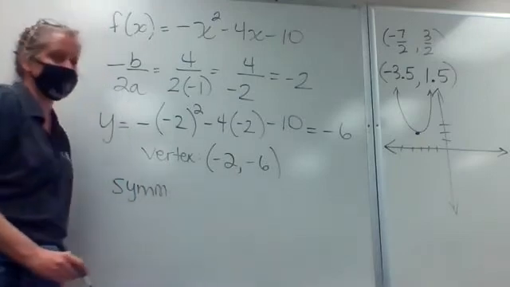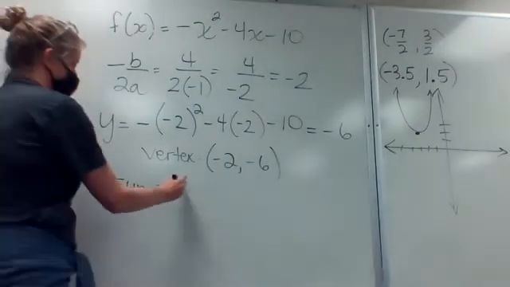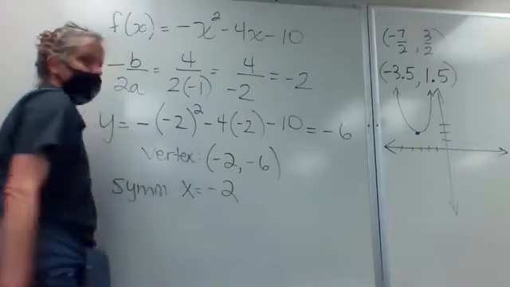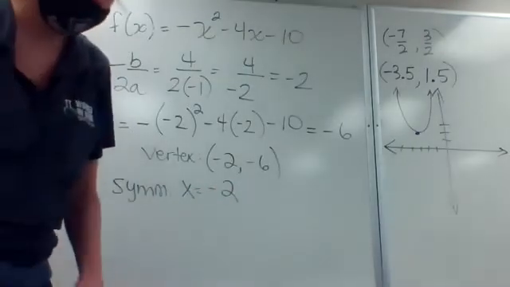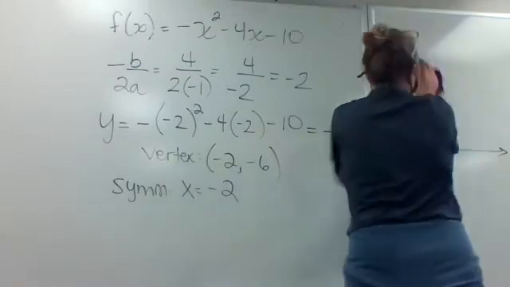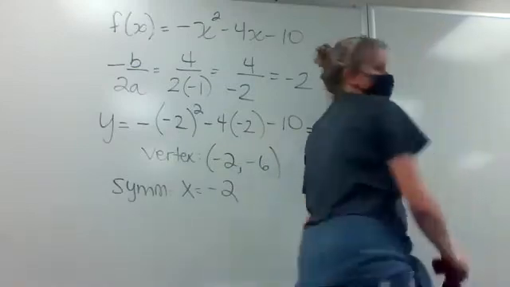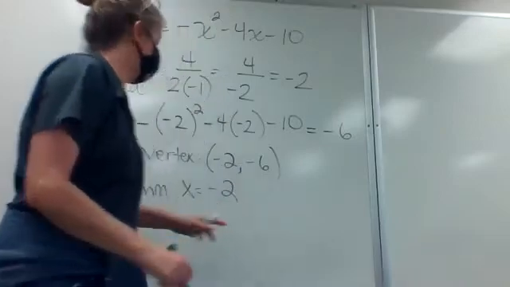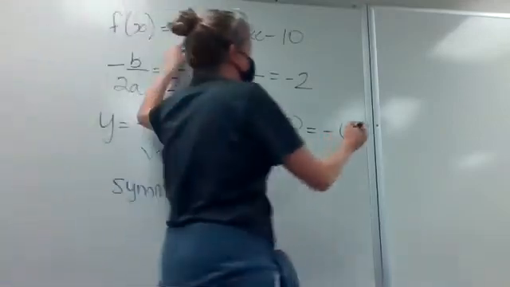Where's your axis of symmetry? x equals -2. So this time, how's this parabola going to open? Upside down, right? Because the x squared is negative.